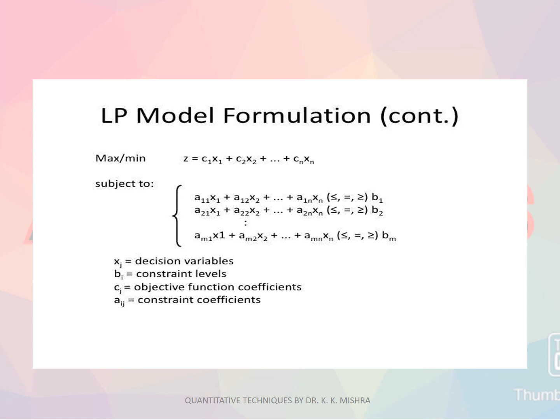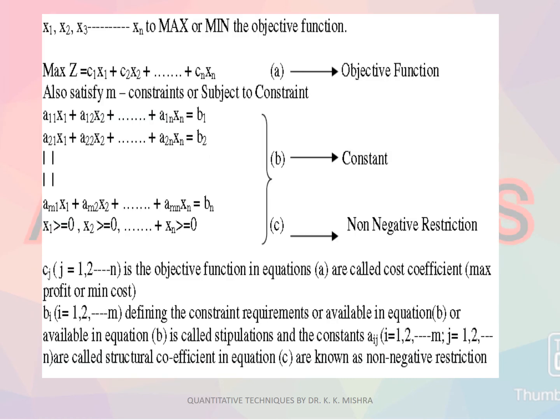Inequalities may be of less than or equal to or greater than or equal to type, and the decision variables must be written there as x1, x2, etc. greater than or equal to 0. A typical mathematical model is shown in a further slide.